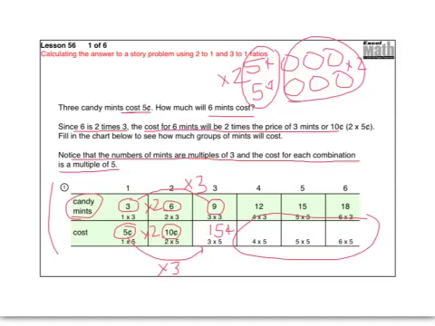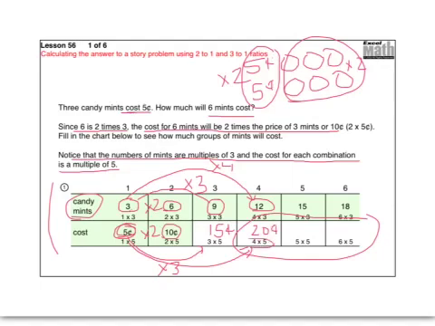Okay, so you should have already filled in these 3 boxes. This next one here, if I'm going to get 4 times the mints, because 3 times 4 is 12, then I should probably be paying 4 times the money. And since one group costs 5 cents, these 4 groups are going to cost 20 cents because 4 times 5 is 20.